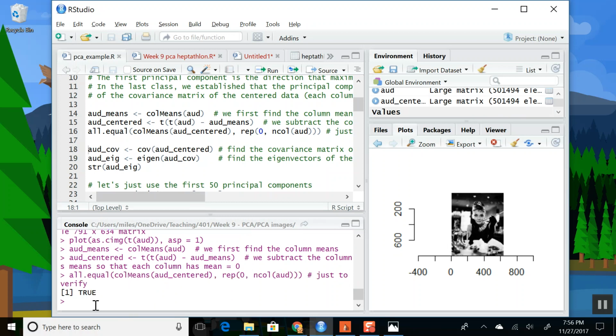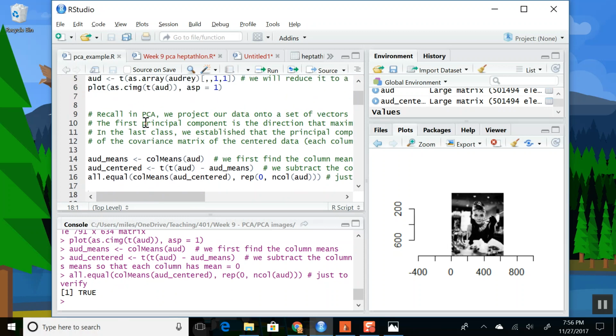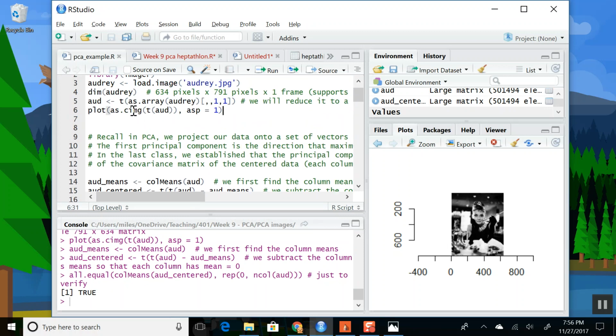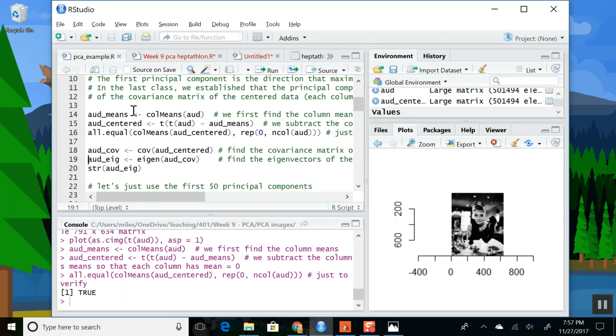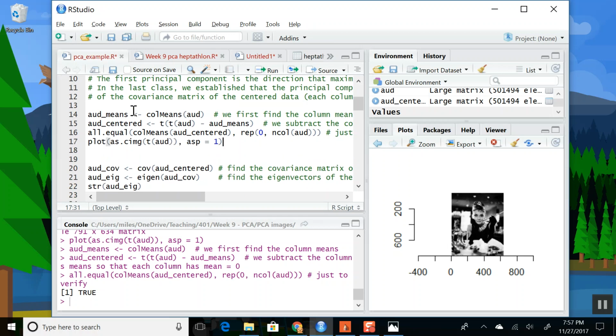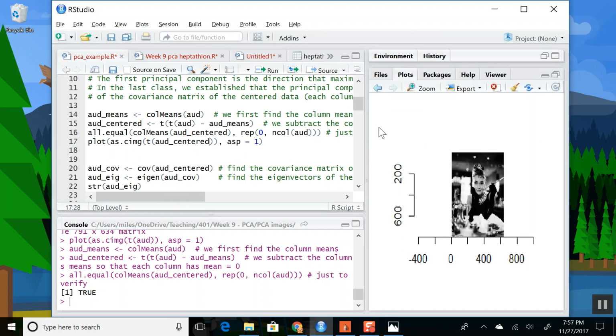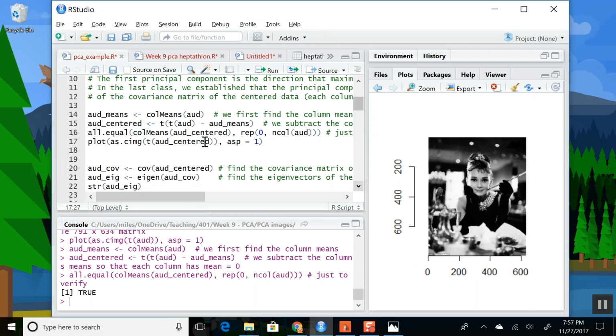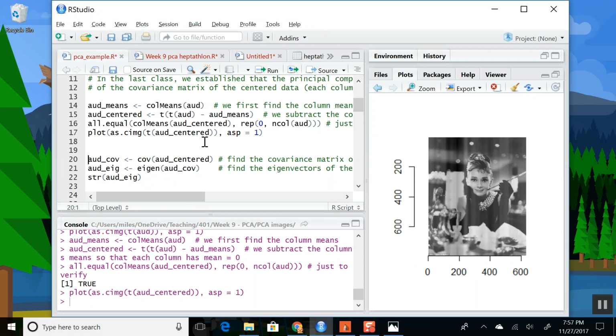It is, and if I plot this after centering, just so you can see what it looks like, you can still see the image, but you'll see these streaks in it because we have subtracted out the column means.